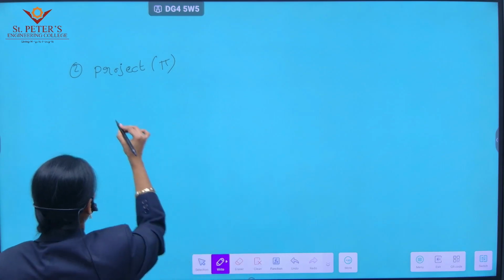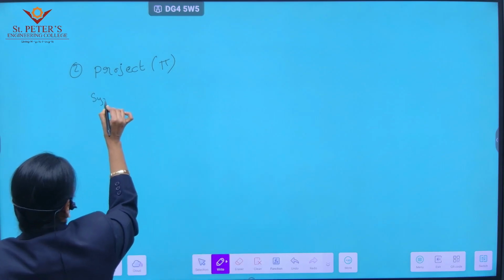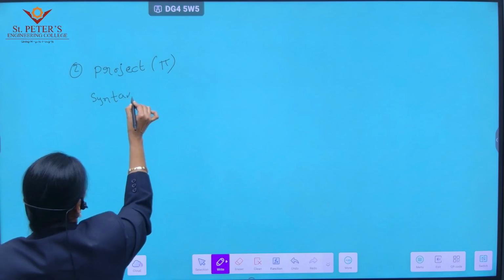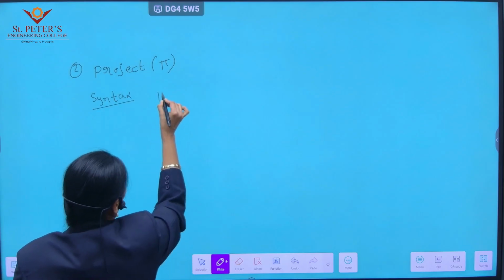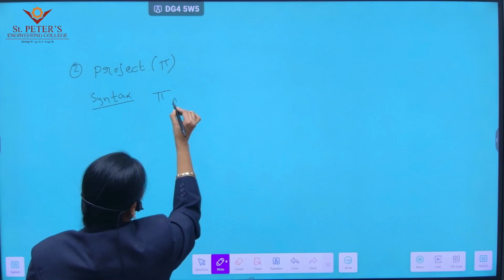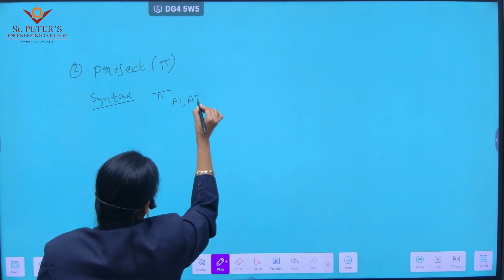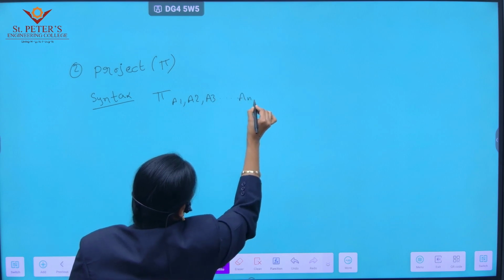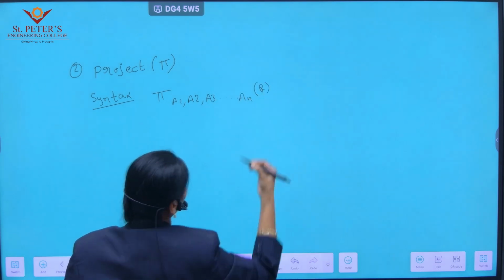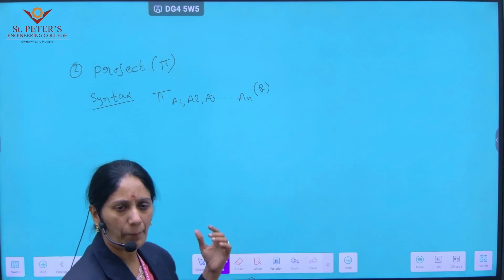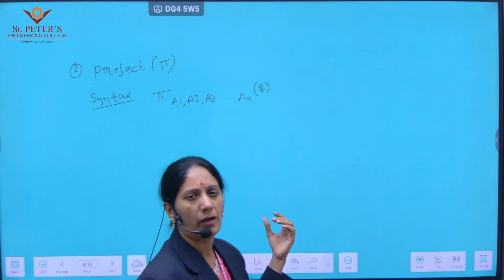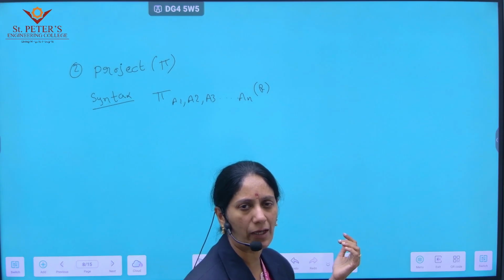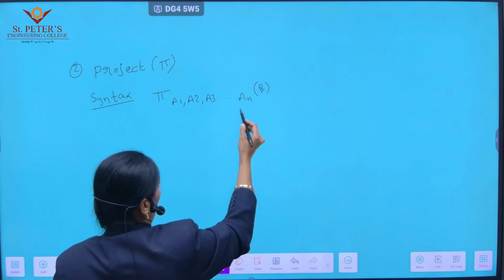The syntax of the project operation is pi of A1, A2, A3, and so on, An, of R.